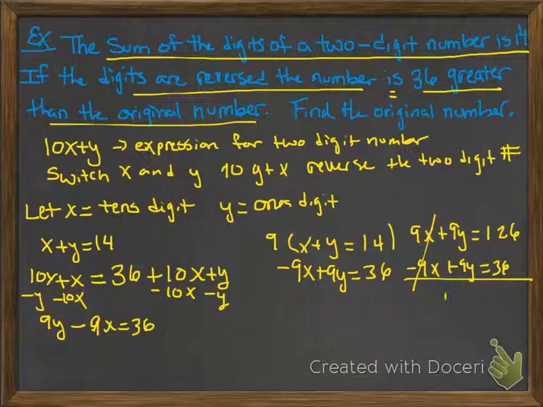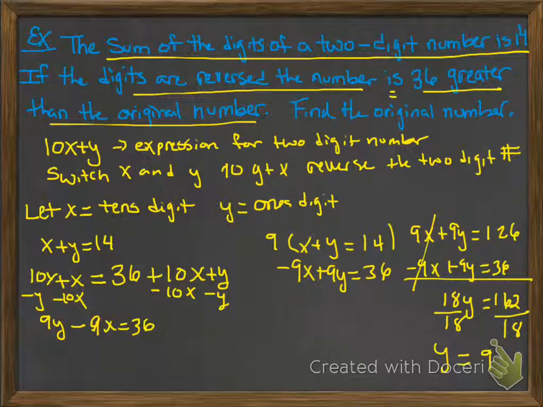The x's go away, I end up with 18y is equal to 162. And 18 divided by 18, divided by 18, and I end up with y is equal to 9.